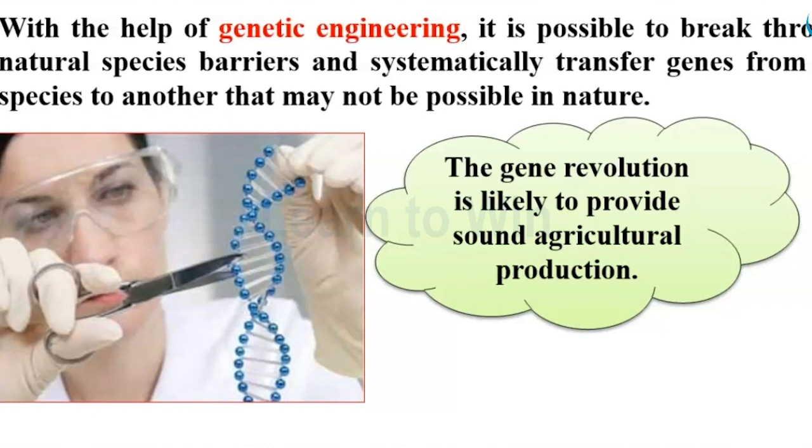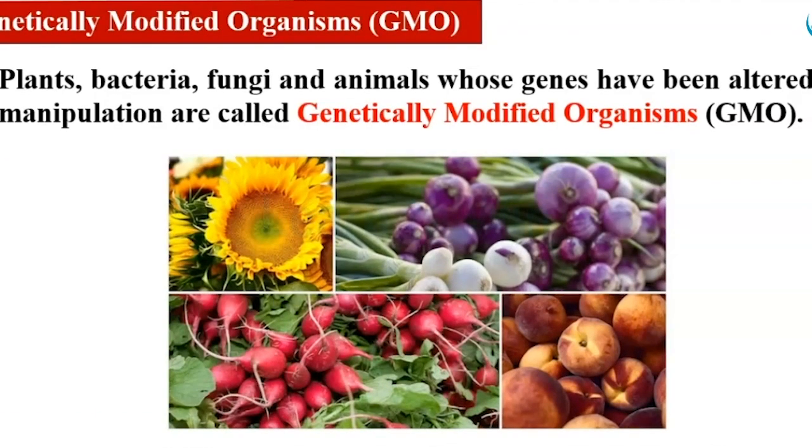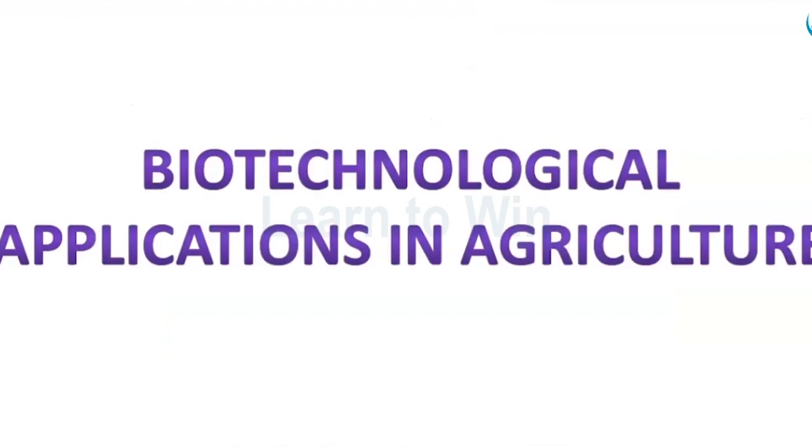This is the next thing that is used, and that's why it's called the gene revolution. Genetically modified organisms are present in plants, bacteria, fungi, and animals. Their genes are getting modified, undergoing manipulations, getting altered, and hence the name genetically modified organisms.